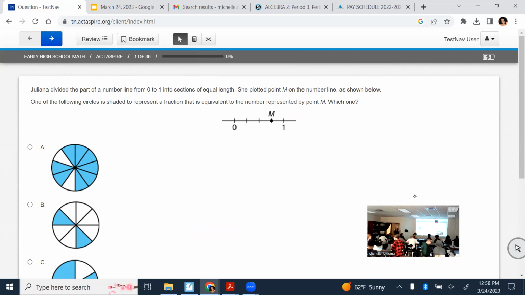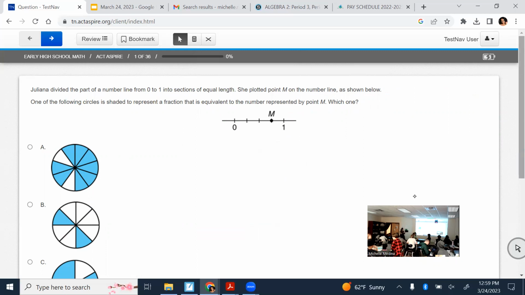All right, number 1. Juliana divided the part of a number line from 0 to 1 into sections of equal length. She plotted point M on the number line as shown. One of the following circles is shaded to represent a fraction that is equivalent. And then we're thinking of one.